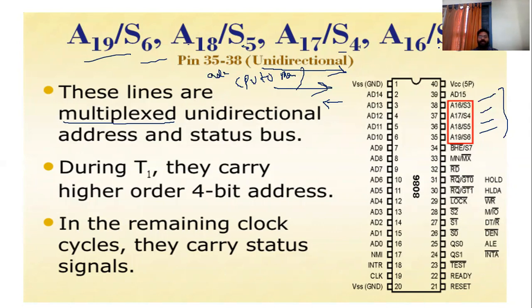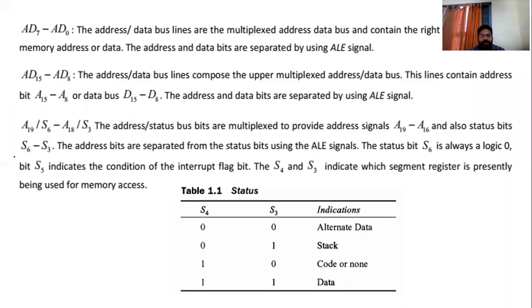These status lines indicate the status of the microprocessor: which operation the microprocessor is performing, and which segmented memory it is accessing, whether the code segment, the data segment, the stack segment, or the extra segment, by seeing these status lines.